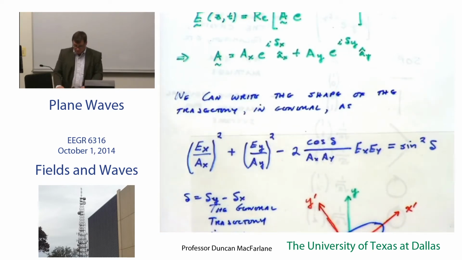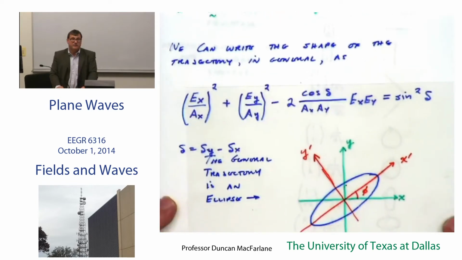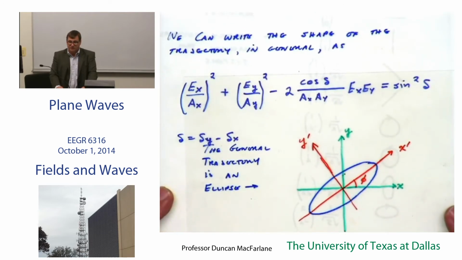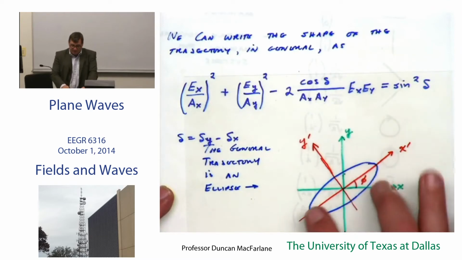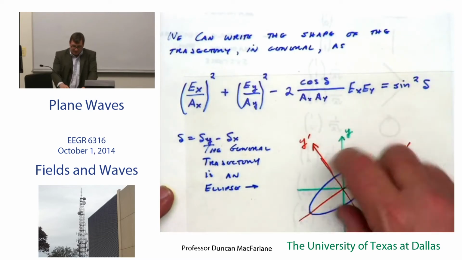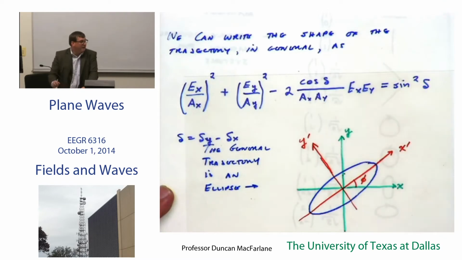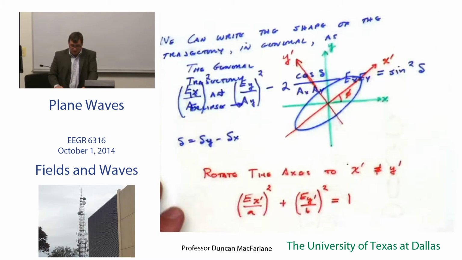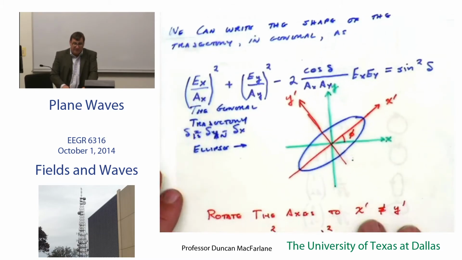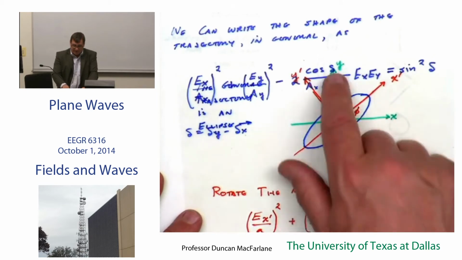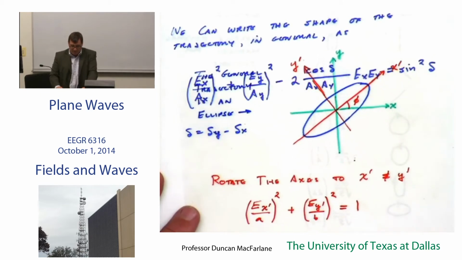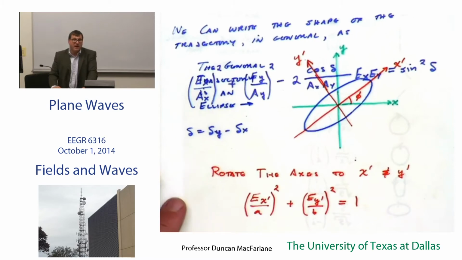And there's my general picture drawn. Okay. So what will happen is I'll have an eccentricity and I'll have an angle of tilt. I can rotate my axes from x and y to x prime and y prime mathematically, and I get a simpler equation for the ellipse.